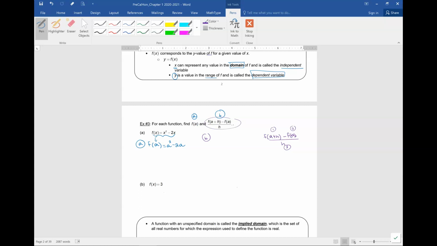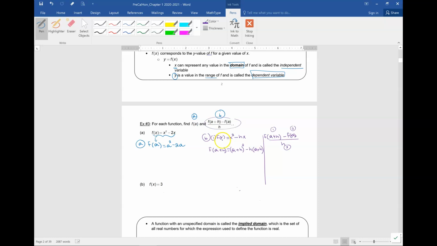So for number 1, let's find f of a plus h. If f of x is the same f of x that we were using, then what's f of a plus h? Well, that is a plus h squared minus h times a plus h, right?